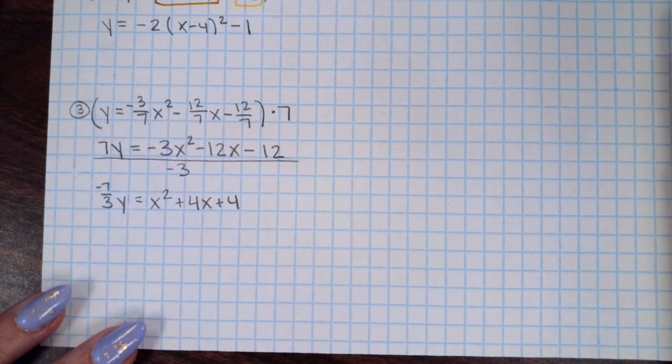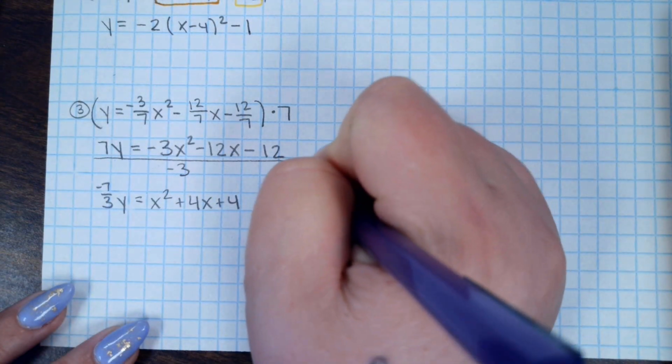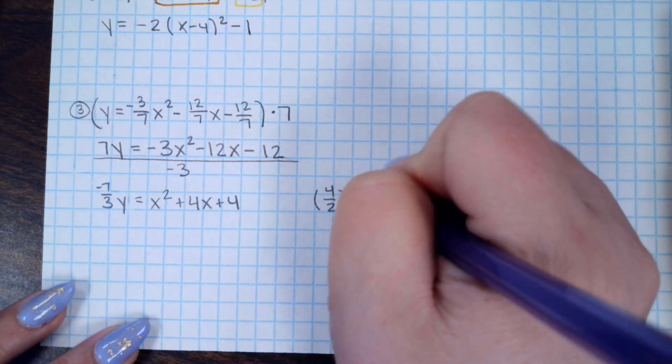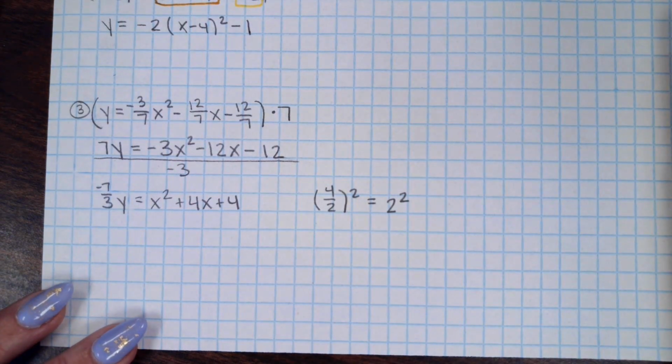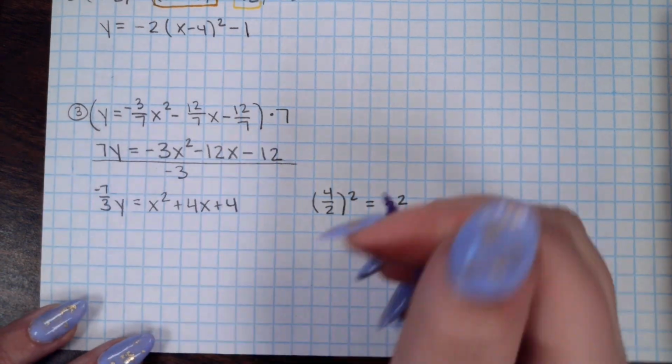All right, so our leading coefficient is now 1. Now we can find b divided by 2, all of that squared. So b divided by 2, so 4 divided by 2 squared, that's really 2 squared. So that's our completed the square constant. Then we need to add and subtract.